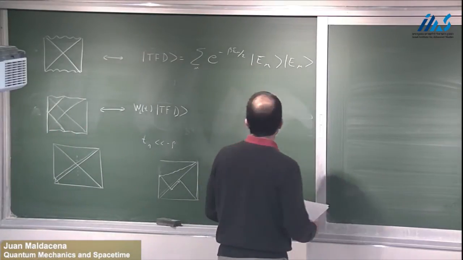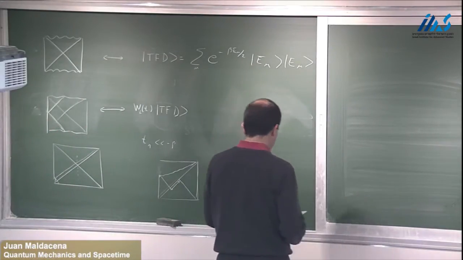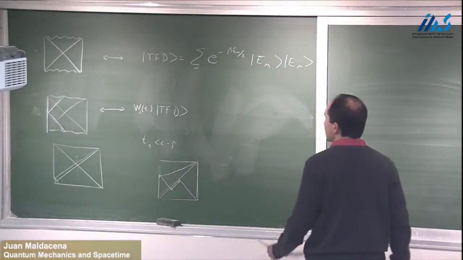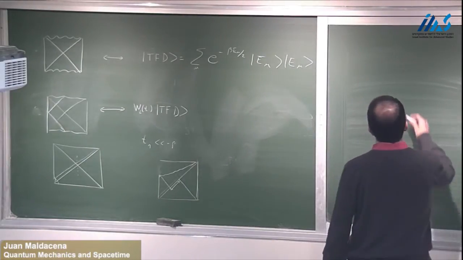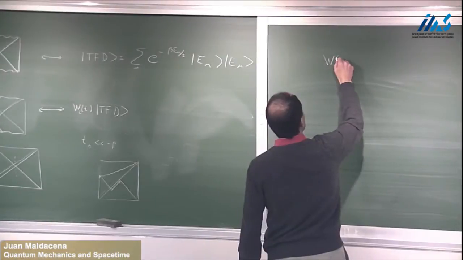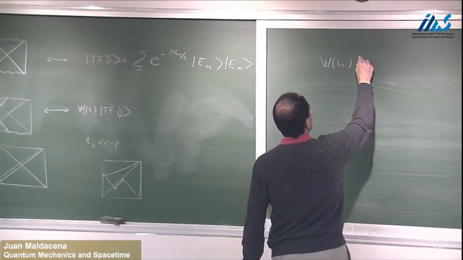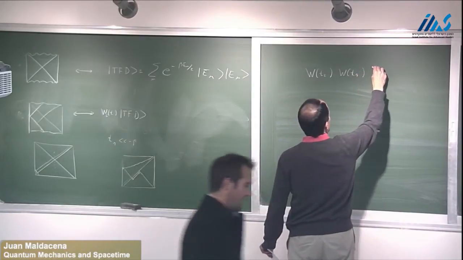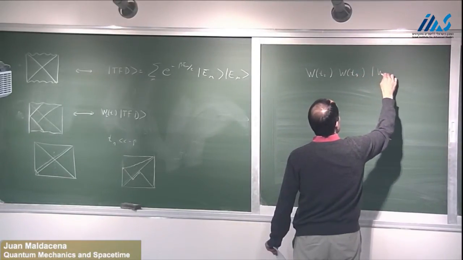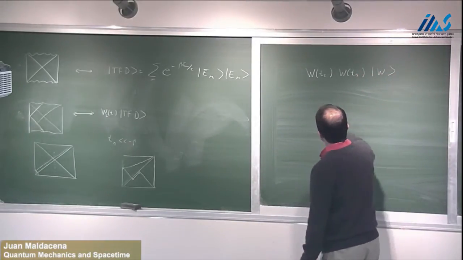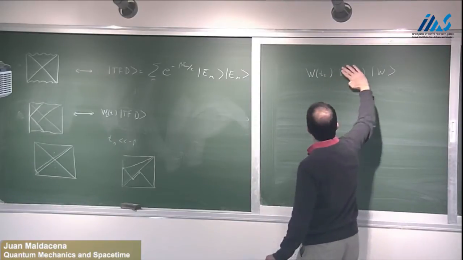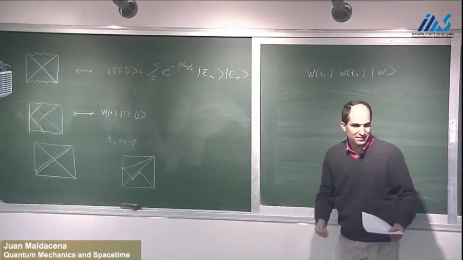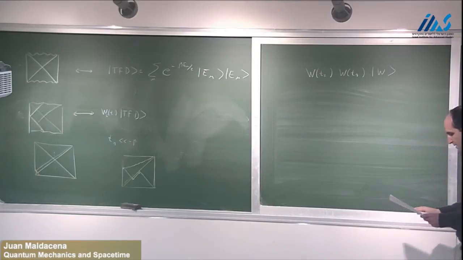Now let's continue and think about the case where we have two shocks. So we have W of t2, W of t1, so we have the state. If we only had t2, we would create again the same excitation, but at time t2.